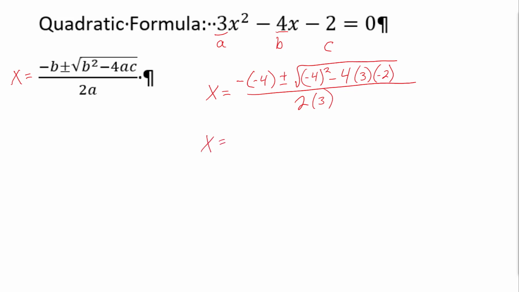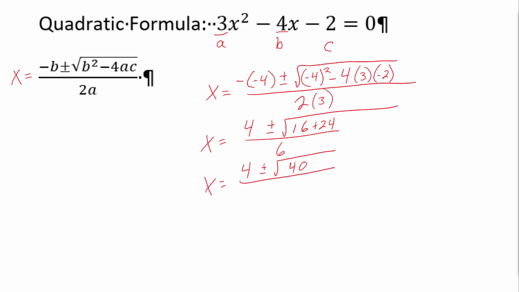So x is equal to 4 plus or minus the square root of 16, that would be plus 24, all over 6. And that gives us plus or minus the square root of 40. That is 4 plus or minus the square root of 40 all over 6.